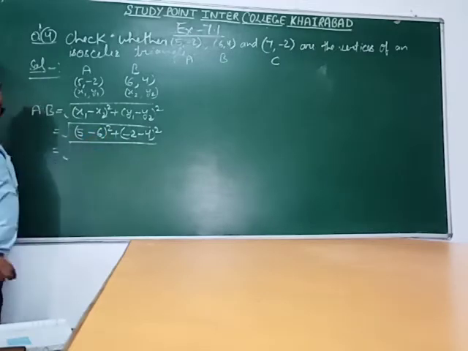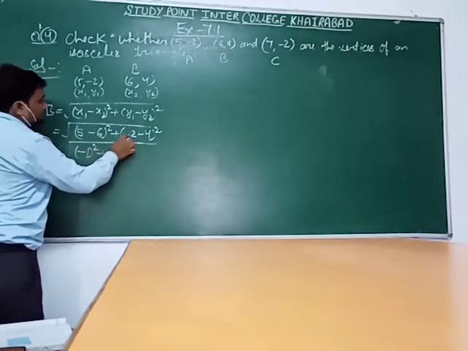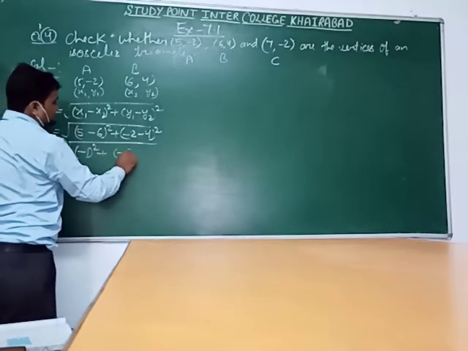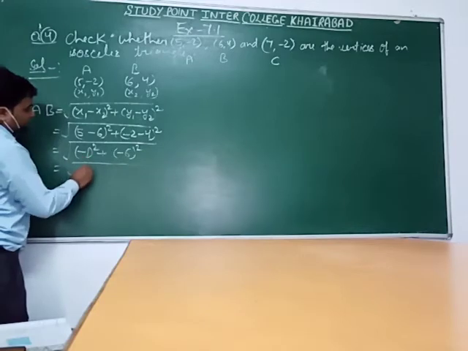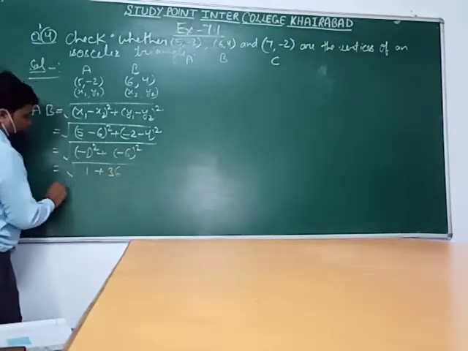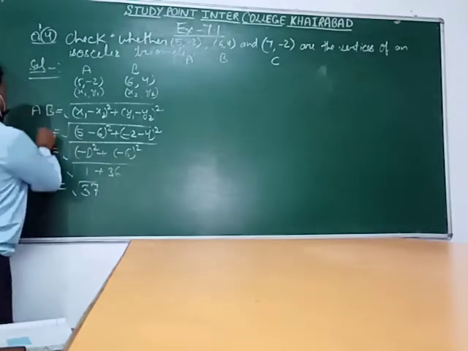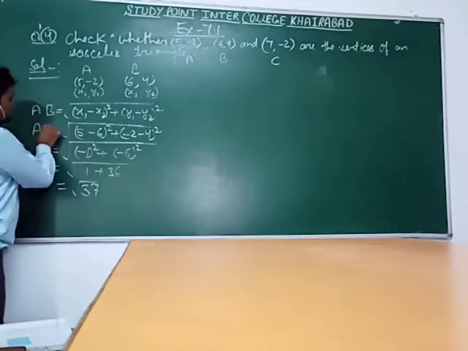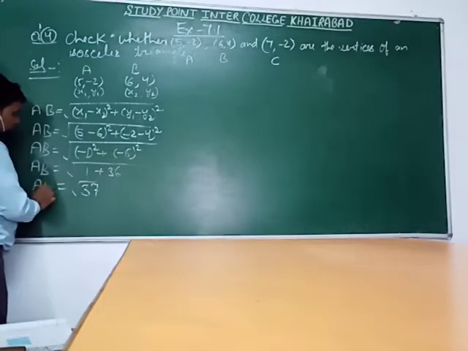So 5 minus 6 is -1, square, plus -2 minus 4 is -6, square. -1 square is 1 plus 36, since 6 square is 36. So root 37. So AB is equal to root 37.